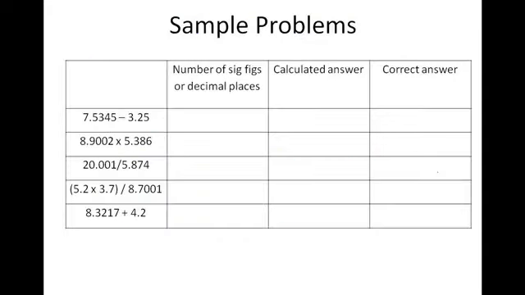So for example, if I am given these problems, it asks me for the number of sig figs or decimal places. Since this is an addition or subtraction problem, I'm looking for the least number of decimal places, which is 2. The other one has 4.